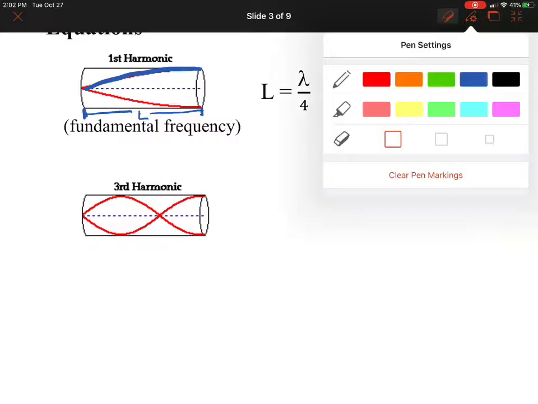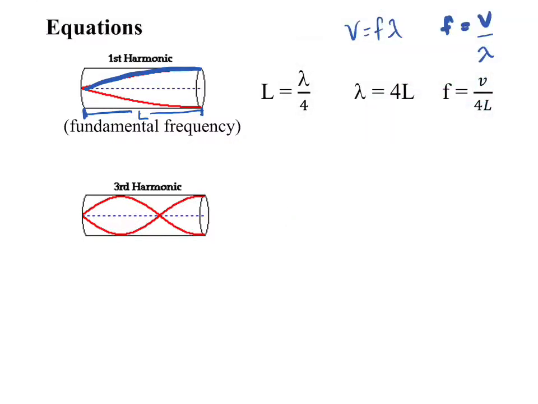So here's our third harmonic, and as we can see, the length of our air column is 3/4 of a wavelength, yes? So that's 3 times the wavelength divided by 4, which means that our wavelength is 4/3 of the length of the air column, which I know is kind of weird, but that's just how it works, okay?